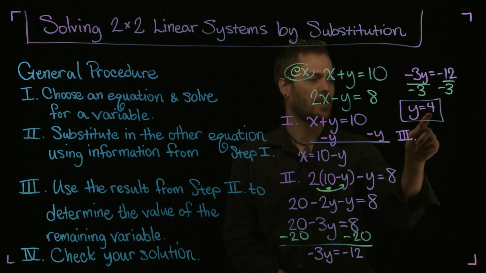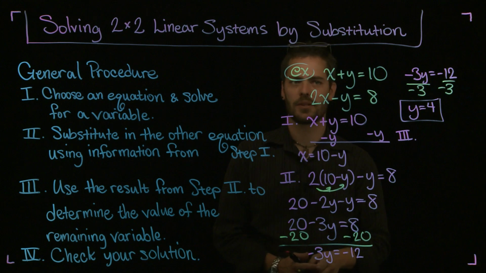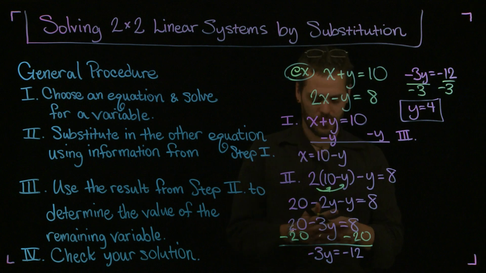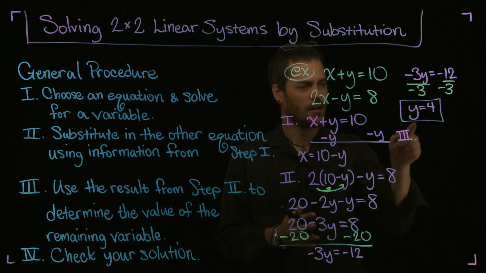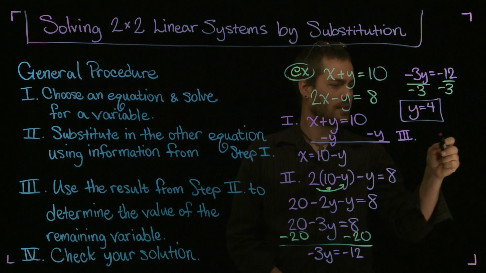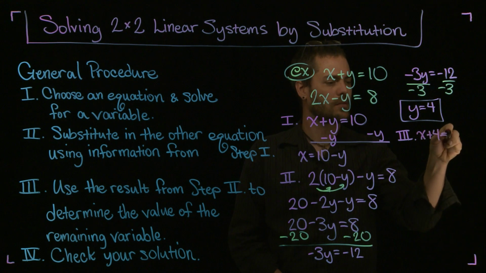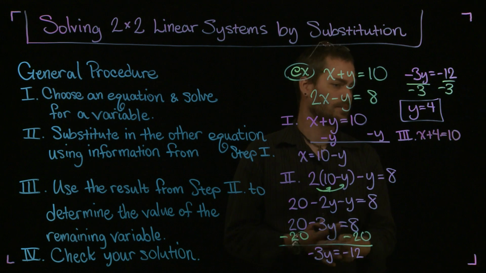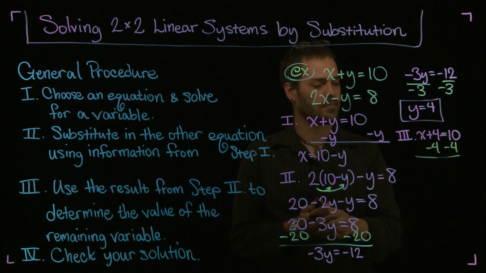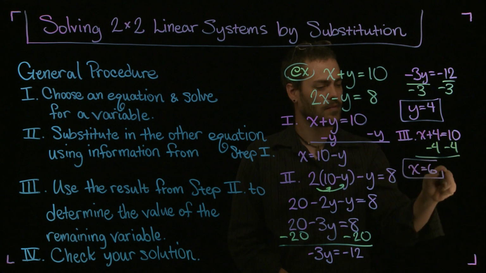But as soon as you have your value here, or your number, go ahead and replace that in either one of the original equations, and you're okay. So I'm just going to use the first equation, x plus y equals 10, with my value of y equals 4. So then that would give me x plus 4 is equal to 10. Subtract 4 from both sides, and we can see x is equal to 6.